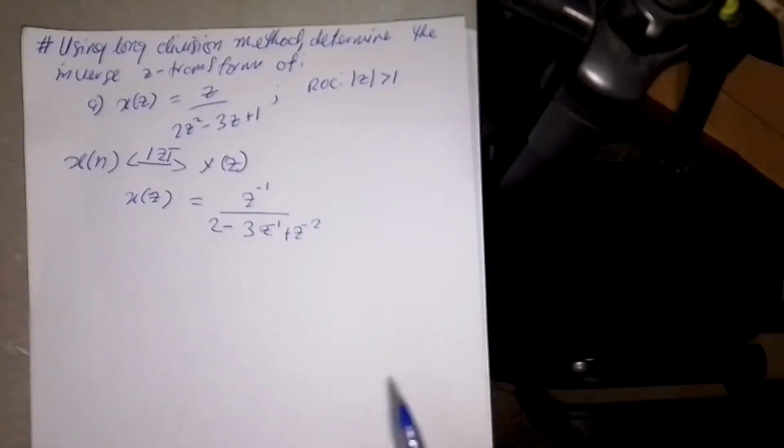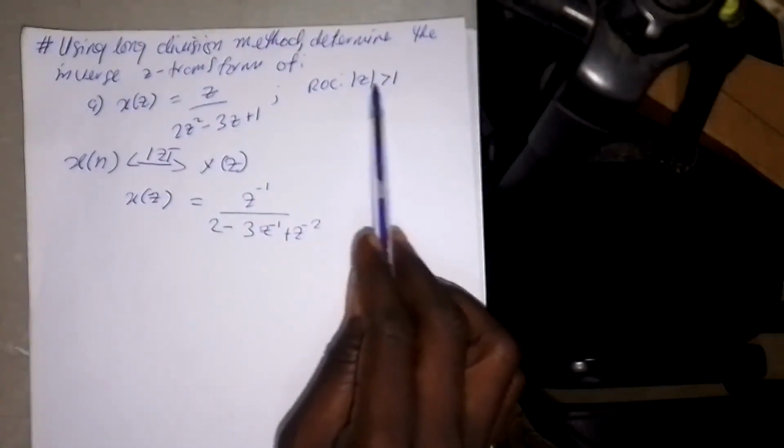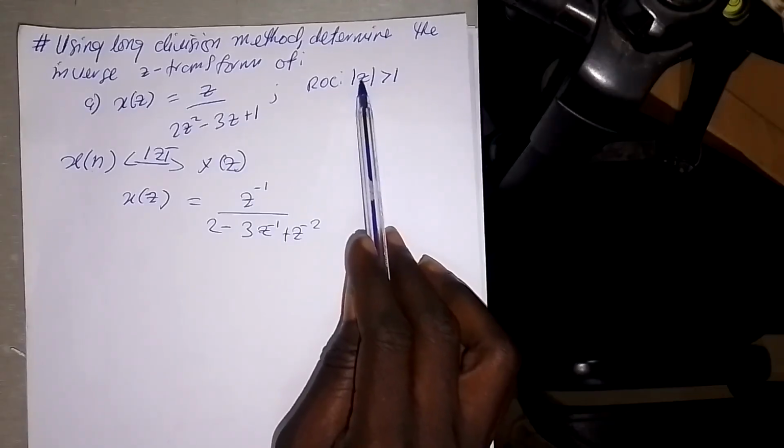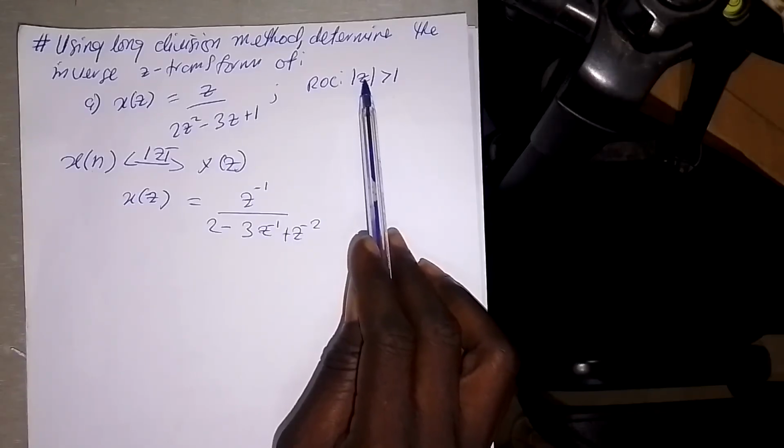But in this question, you have to take a look at this. The region of convergence is mod z greater than 1. If mod z is greater than 1, that means that mod z is at the right hand side of the x-axis. It's at the positive side of the x-axis. So that means that z is positive.